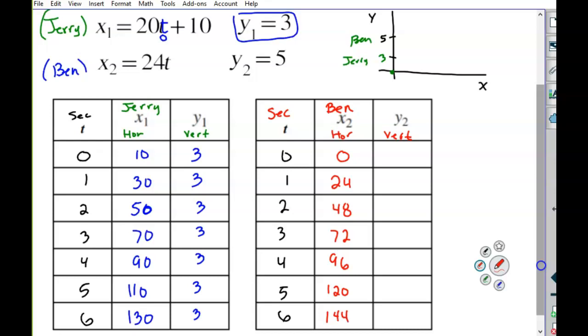And then Ben's vertical position doesn't change because they tell us that he is always 5 feet away from the person that's keeping track of the time, or the person that says go.